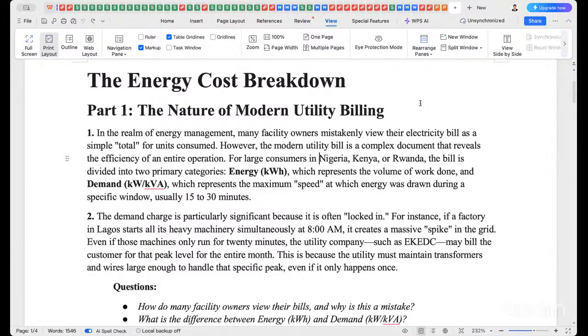Even if those machines only run for 20 minutes, utility companies such as EKEDC may bill the customer for that peak level for the entire month. This is because the utility must maintain transformers and wires large enough to handle that specific peak, even if it only happens once. Thank you.